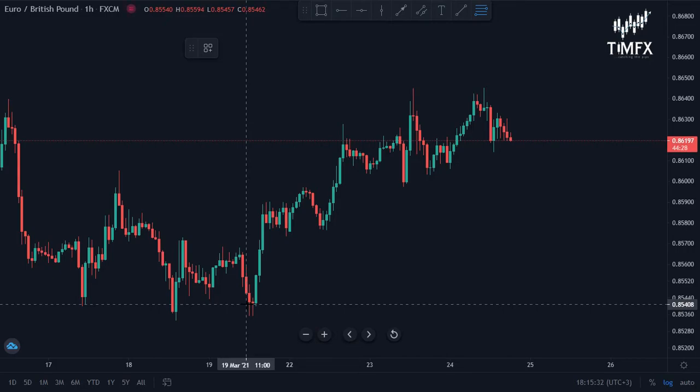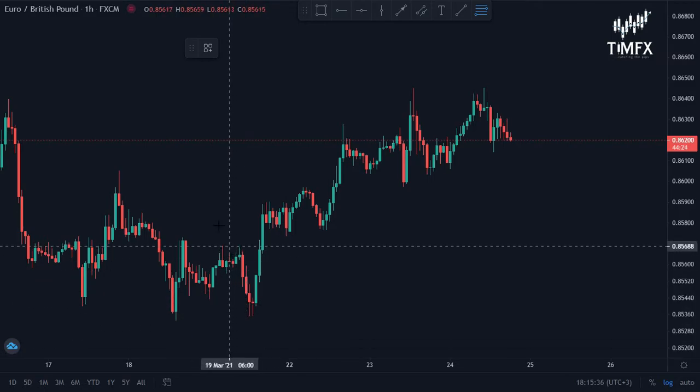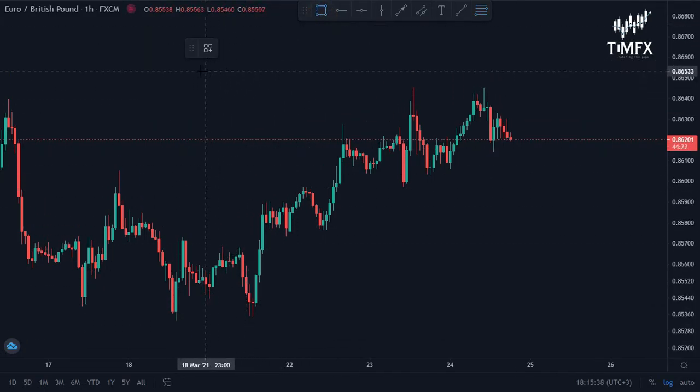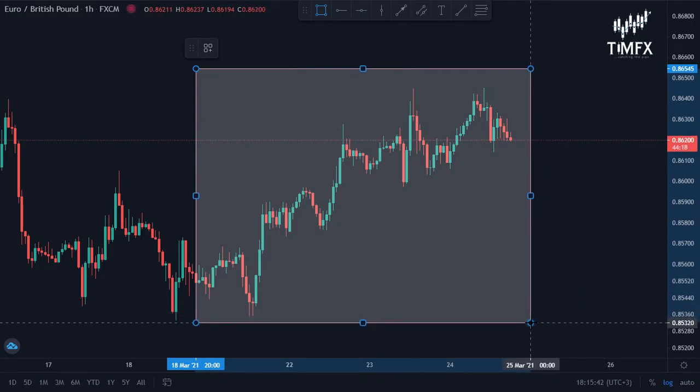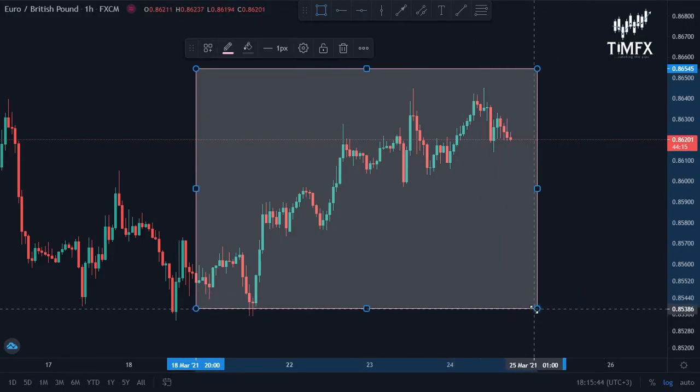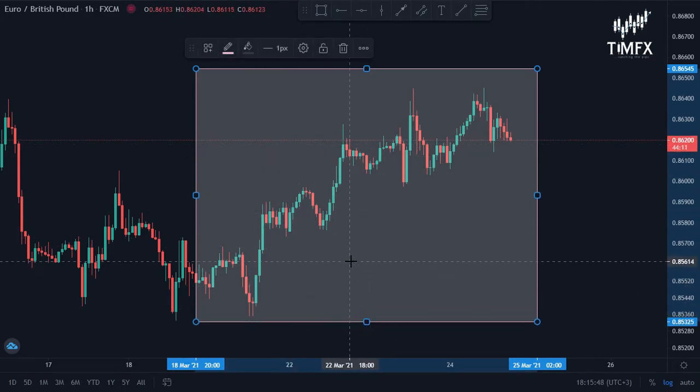You first identify the lowest point of the price. Okay, let's say we are considering this place here. We are just considering this box here. So for us to be able to draw a Fibonacci retracement, we must know the lowest point, which is this place here.